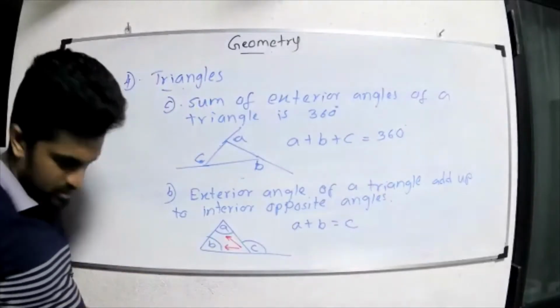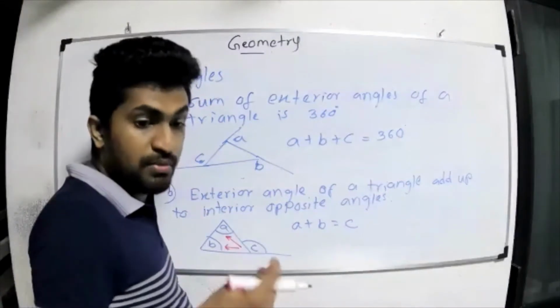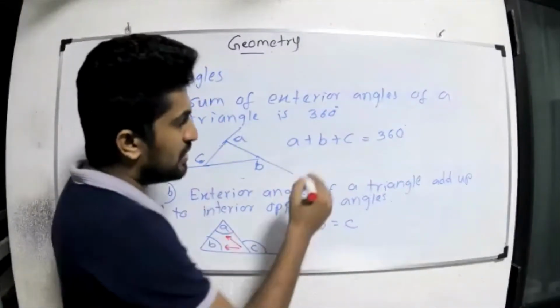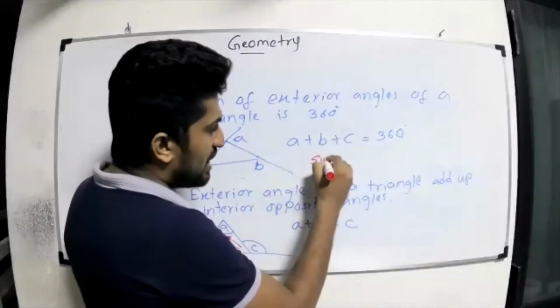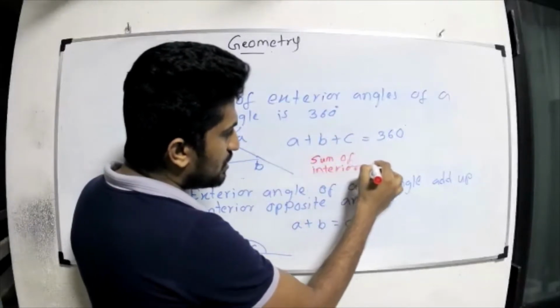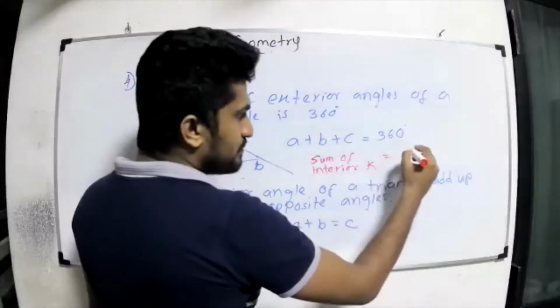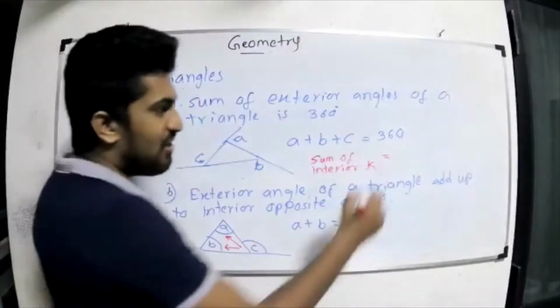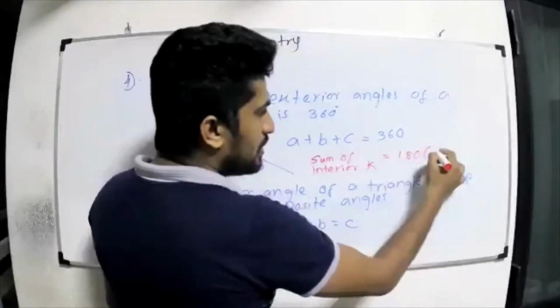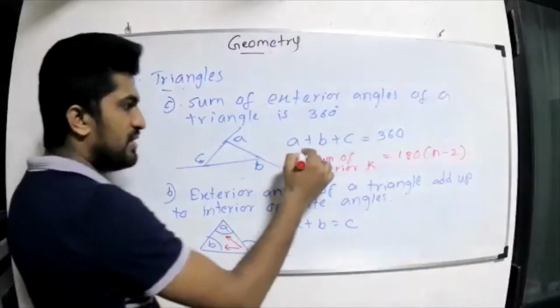There is an equation that Cambridge students use to find the sum of interior angles of any polygon. What is that equation? 180 into n minus 2.